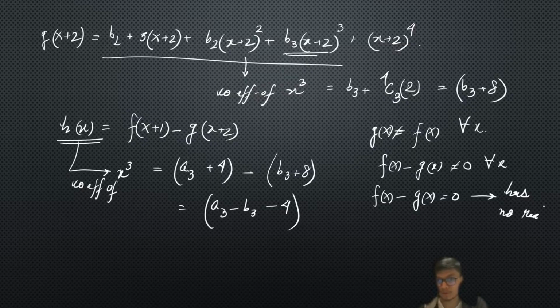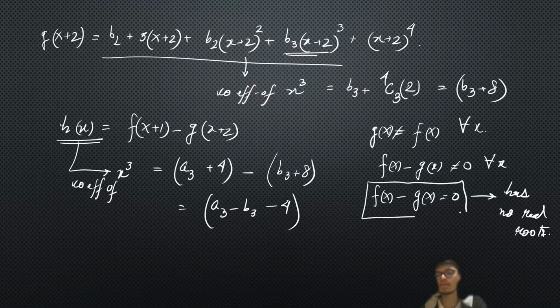That is also another way of doing that. So if this is not equal to 0 for all x, that basically means that f of x minus g of x equals 0 also has no real roots. Is this part clear to all of you?